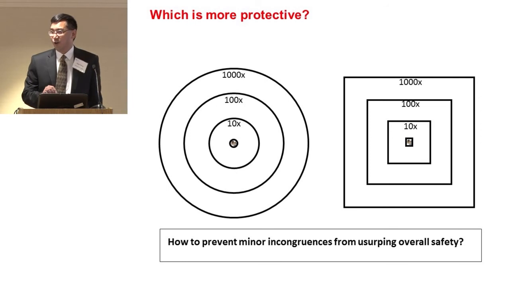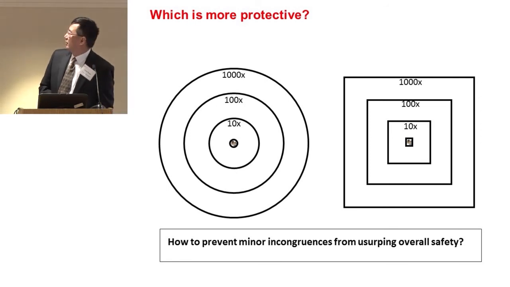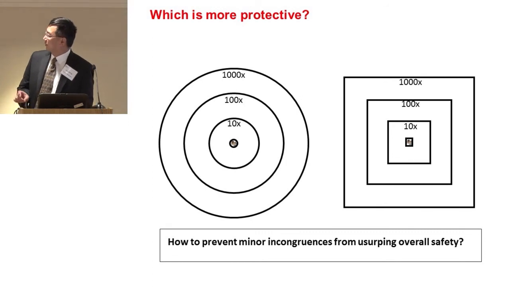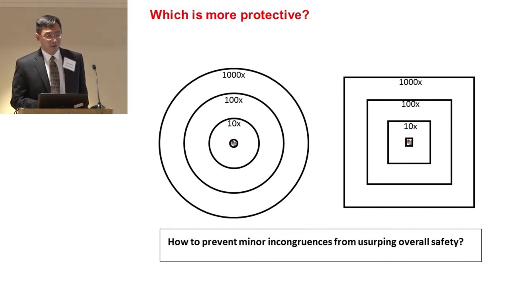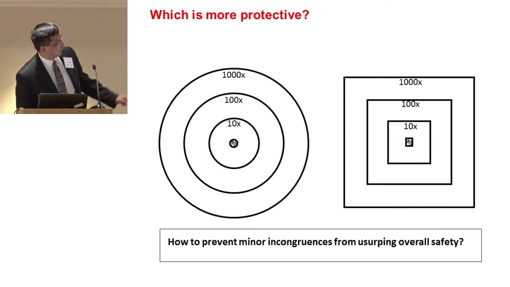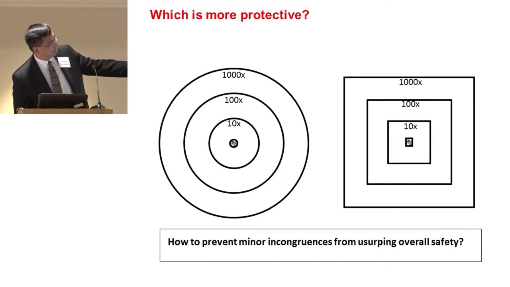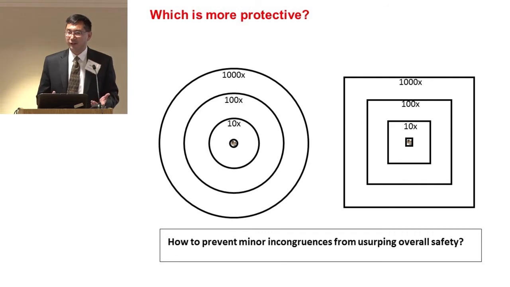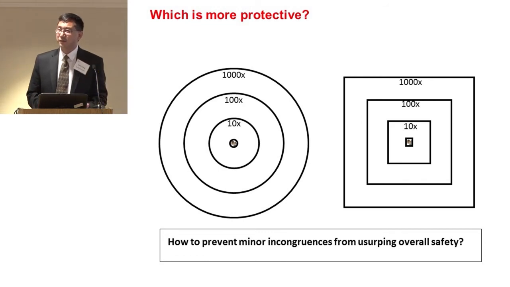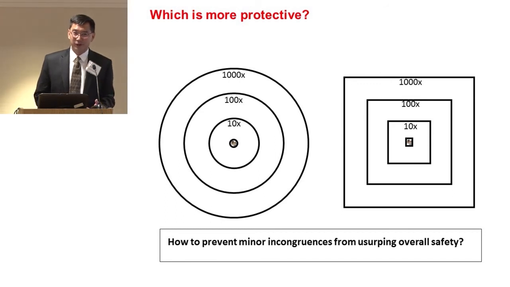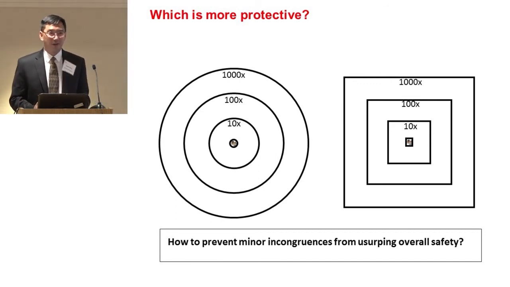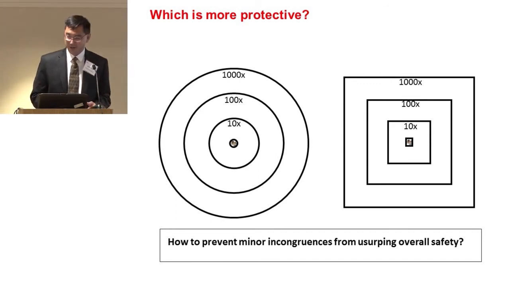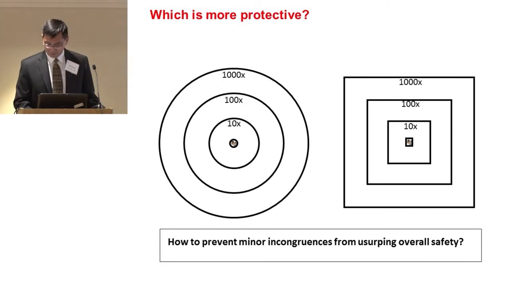Which one are you better protected from this Charles River rat, whether it's by concentric circles or a bunch of squares? Or are you troubled by the fact that just a little bit of in and out is making you unsafe? I think that's the kind of thing that the public is grappled with, because it's not easy to comprehend this kind of distinction.